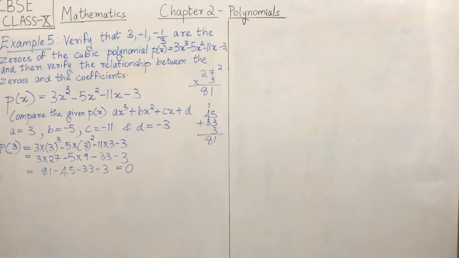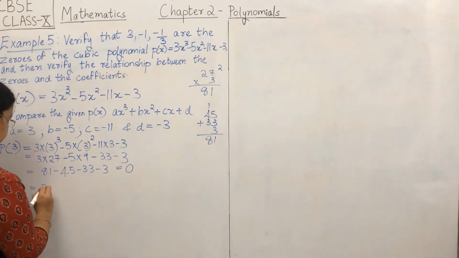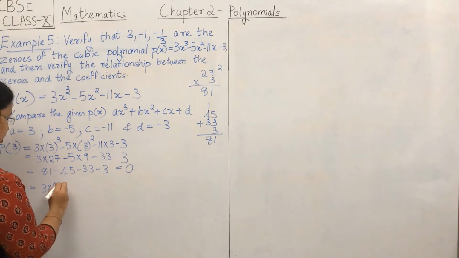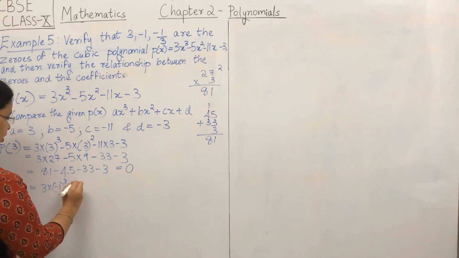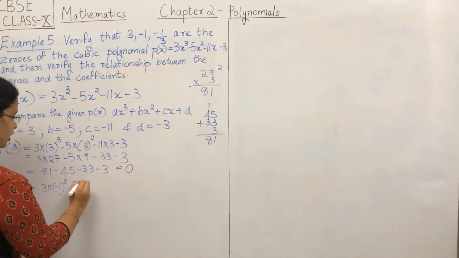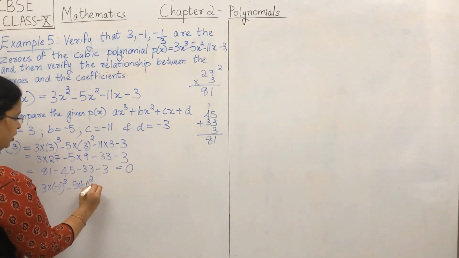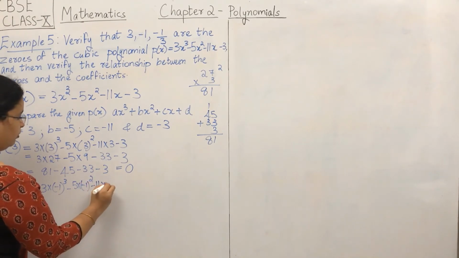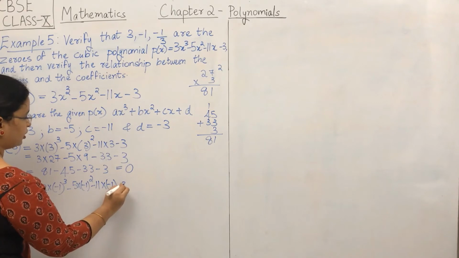Now we can check the next number, p of minus 1. Here 3 into minus 1 the whole cube minus 5 into minus 1 the whole square minus 11 into minus 1 minus 3.